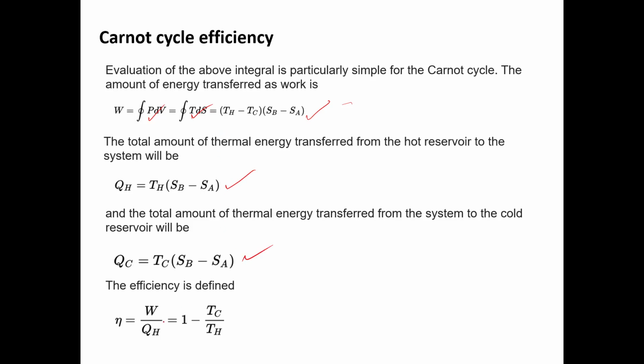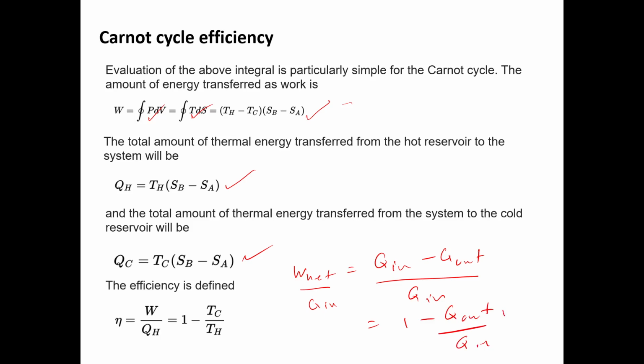Therefore we can say the efficiency equals W net divided by Q in, where W net means the total net work. We can write W net as Q in minus Q out, because the difference is converted into work, right? Then divided by Q in, and we can write this as 1 minus Q out divided by Q in.